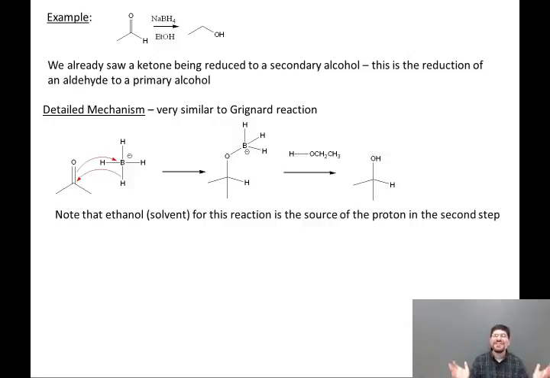Now, we don't have H+ per se in the reaction mixture, because if we did, it would react with the borohydride, generate H2 gas, and you wouldn't have any more borohydride left. But what we do have is ethanol in the reaction, and it can act as a source of H+.